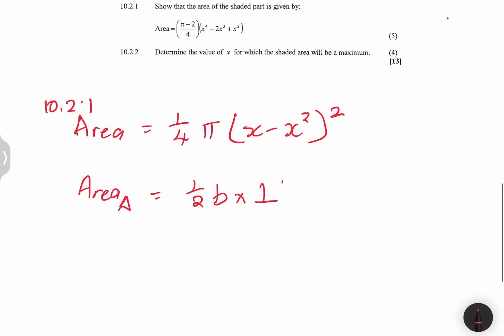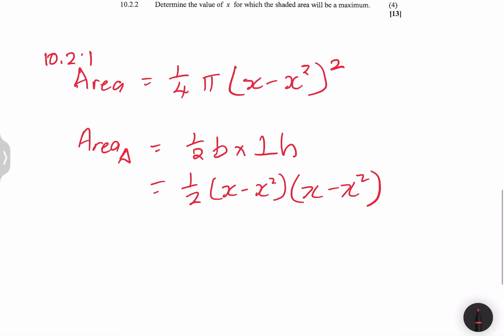So this is half of the base, which is x minus x squared, multiplied by the perpendicular height, which is also x minus x squared. Okay, so in this case, what do we have? We've got 1 over 2 times (x minus x squared) all squared, right?